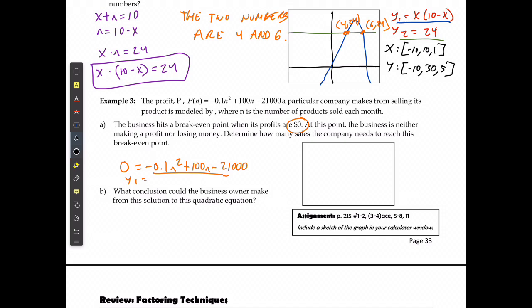In this case, x is going to be between negative 100 and positive 1,000, and a scale of 100. Y is going to be between negative 25,000, positive 5,000, and a scale of 5,000. And I'm going to see something that looks like this.